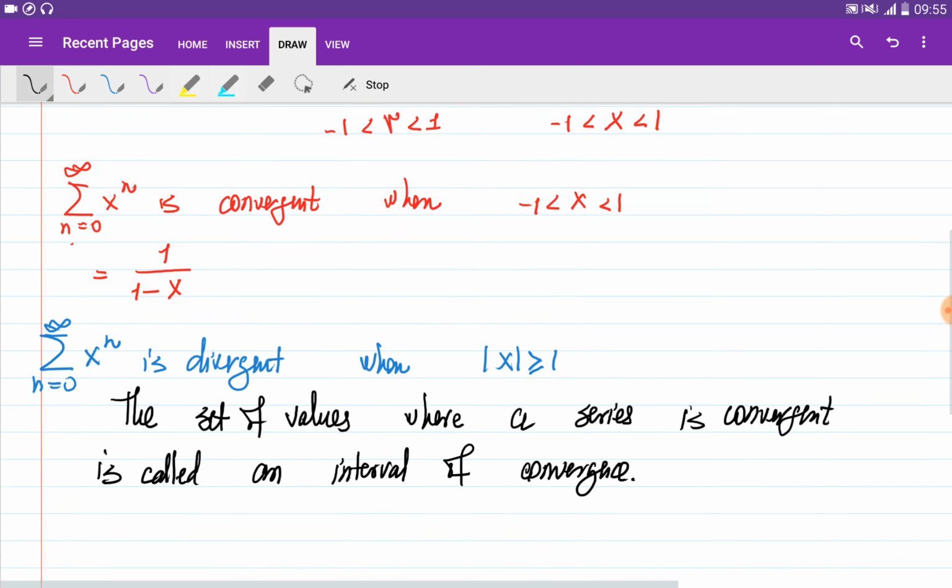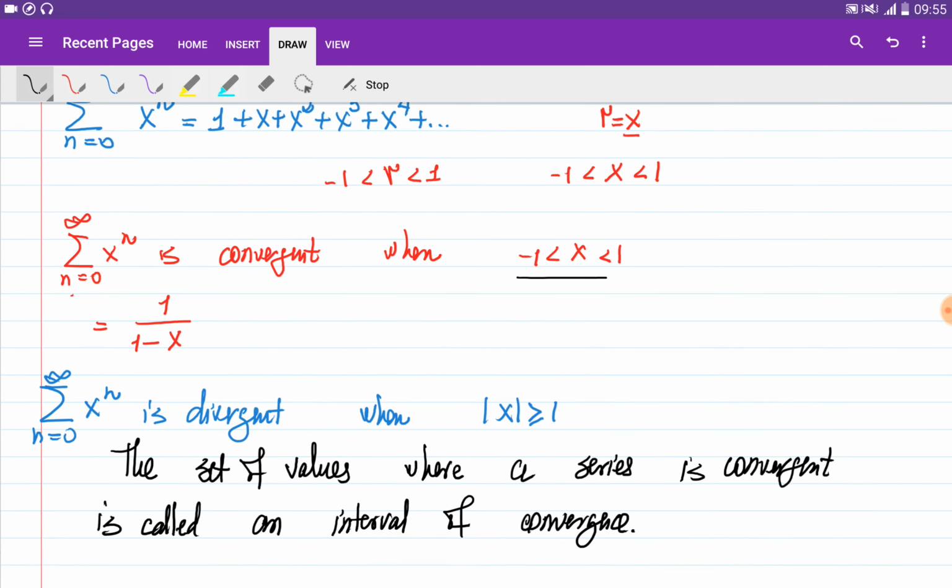For example, in our example, the interval of convergence is between -1 and 1.